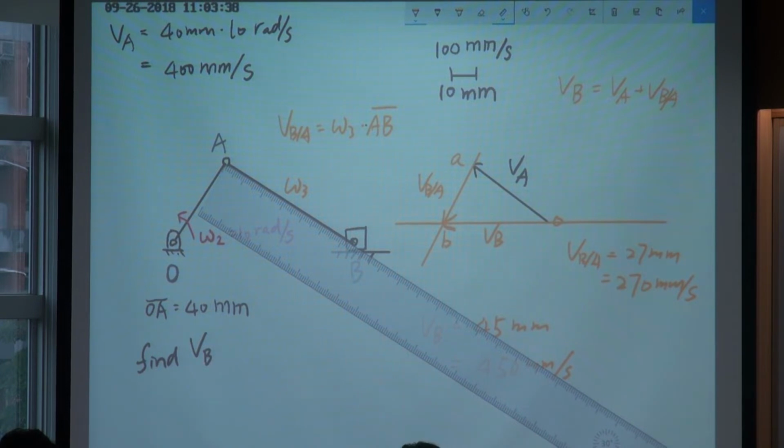So let's measure how long AB is. 1, 2, 3, 4, 5, 6, 6 point something, 64. So I'll write down here: AB is 64 millimeter.